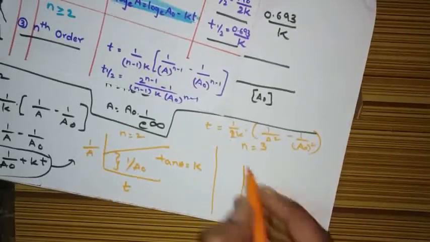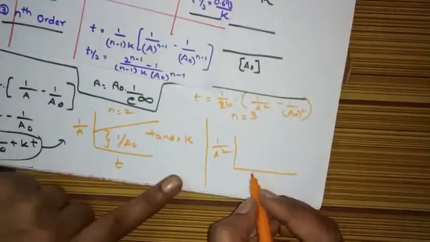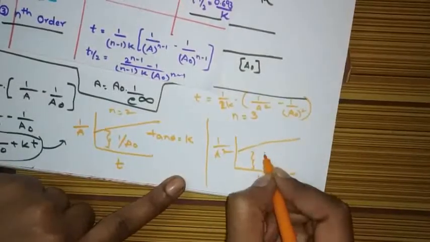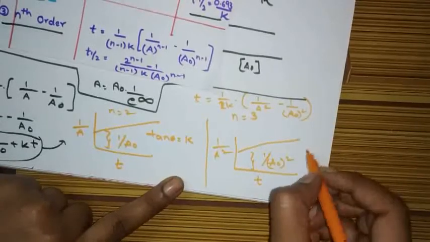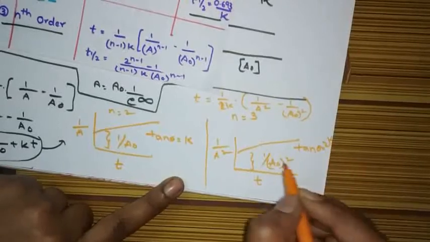So when you try to draw the graph for this, it will be like this. From this also you can say what is the order. And tan theta is equal to 2K. That's it.